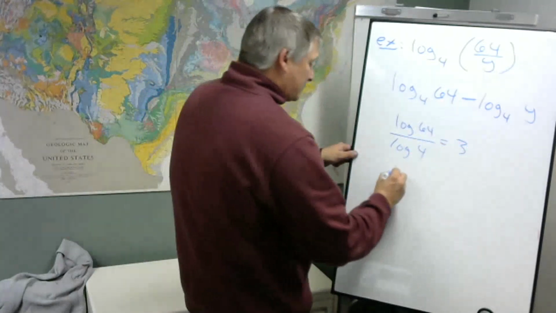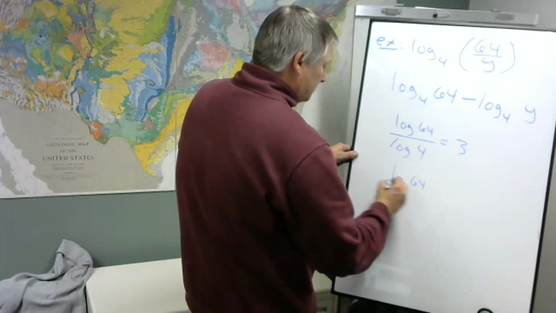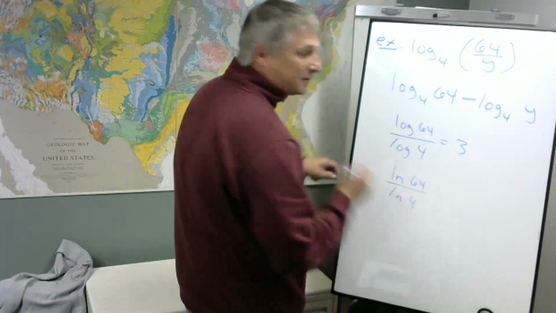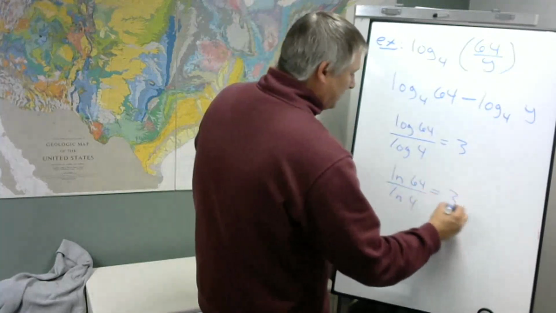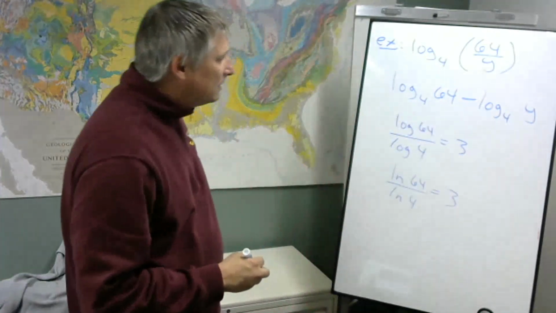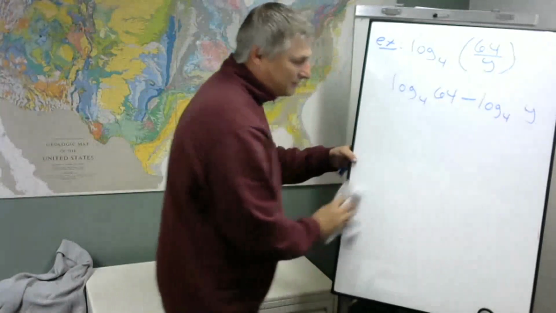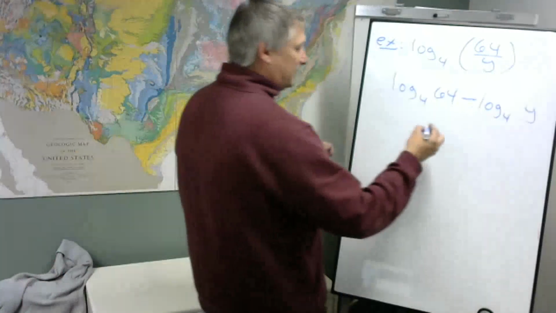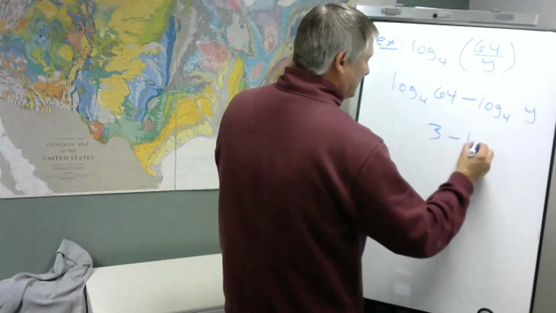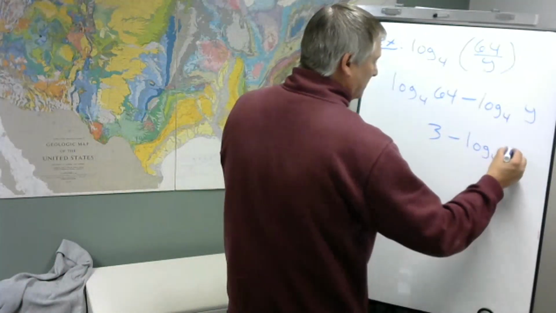Or you could have done natural log of 64 over natural log of 4. This is totally cool. Still going to get 3. So what we end up getting at the very end is 3 minus log base 4 of y.